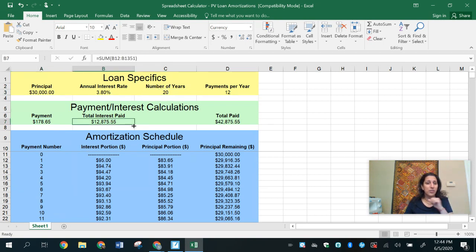So what's interesting here is look at this total interest paid. That means over 20 years, even though you bought a $30,000 car, your car ended up actually costing you $42,875. Okay, because you paid them $12,875. You just gave them $12,000 on top of what the car was worth.